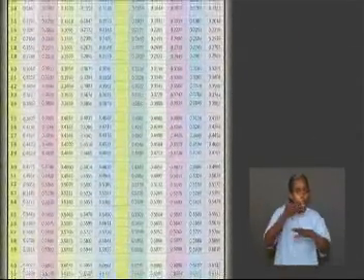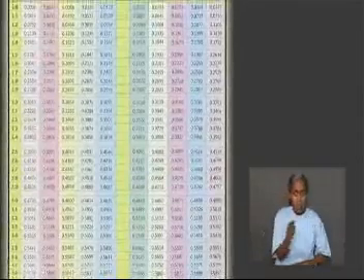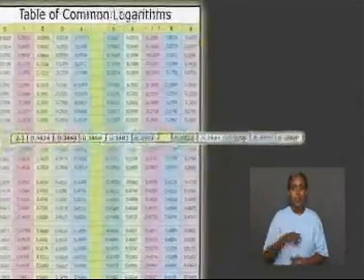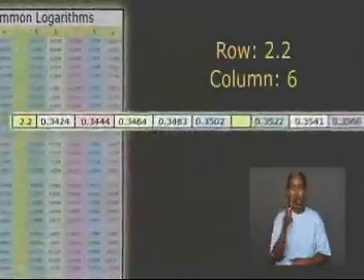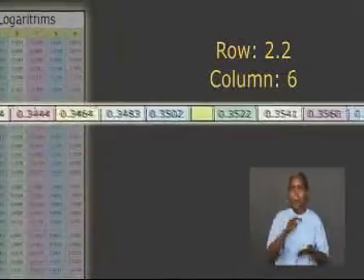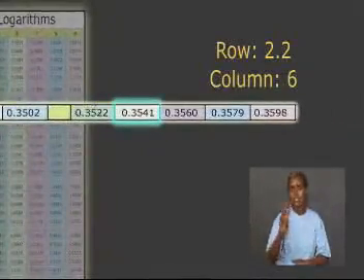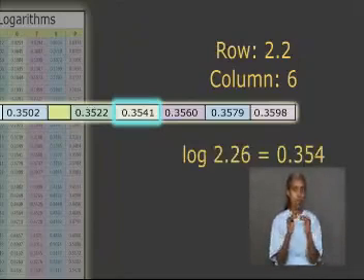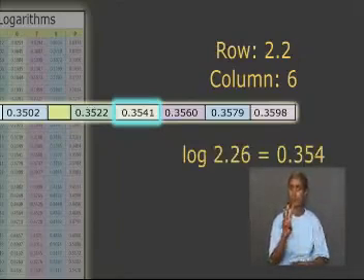After we search our table for 0.354, we find it where row 2.2 meets column 6. Therefore, x equals 2.26. Great work, everyone. That is all for today's lesson.